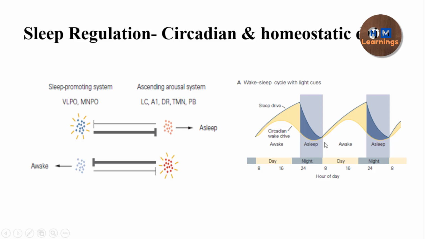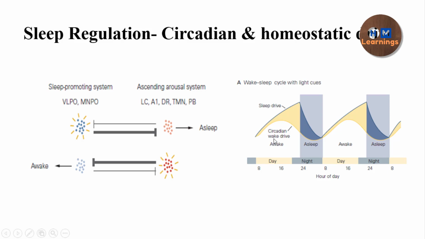Here you can see alternate day and night periods, and how the two factors, the circadian, which is a wake drive, and the homeostatic, which is a sleep drive, behave. One drive favors more wakefulness and the other favors more sleep. We can't say that the circadian drive favors only wakefulness, but it favors more wakefulness than sleep.